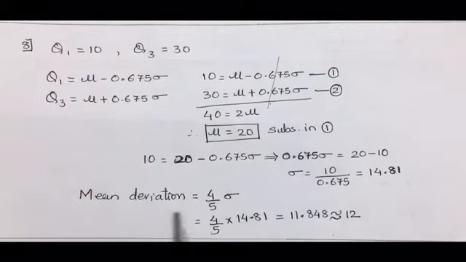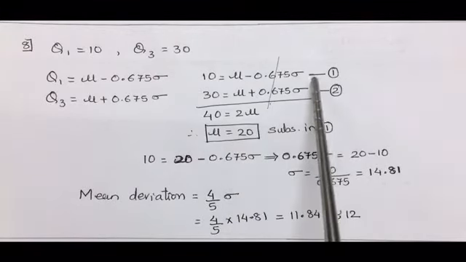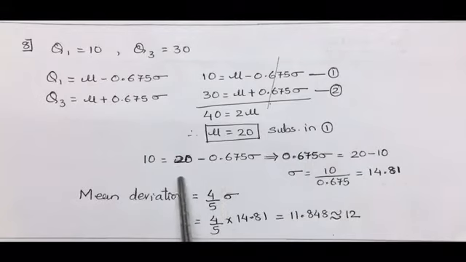But to calculate mean deviation, we need sigma. So this value of mu is substituted in equation 1. In the place of mu, 20 is written.